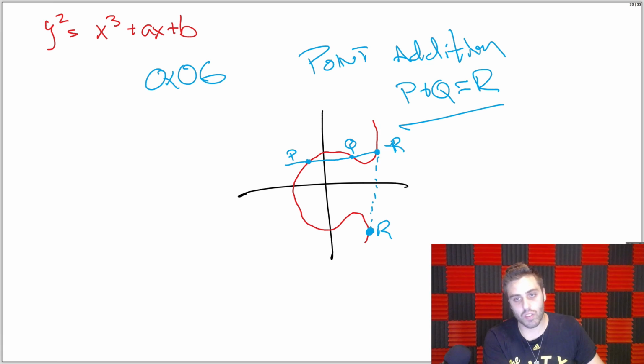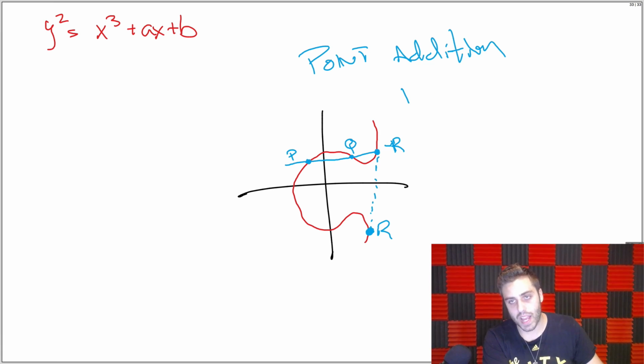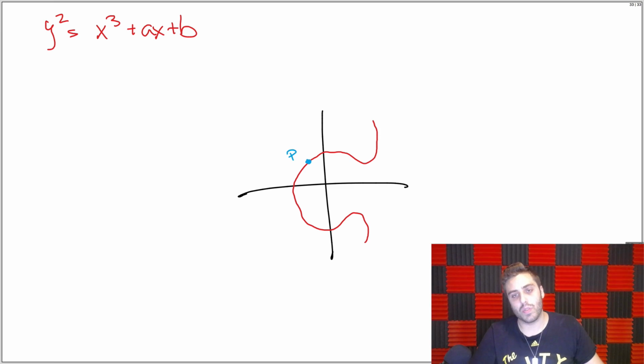So let me go ahead and rewind this elliptic curve back to the beginning. Something else you can do that's interesting also is if you just have one point only, so let's just say we have P, there will always be a tangent line, like the line that is tangent to that point. And that tangent line will always intersect the curve somewhere also.